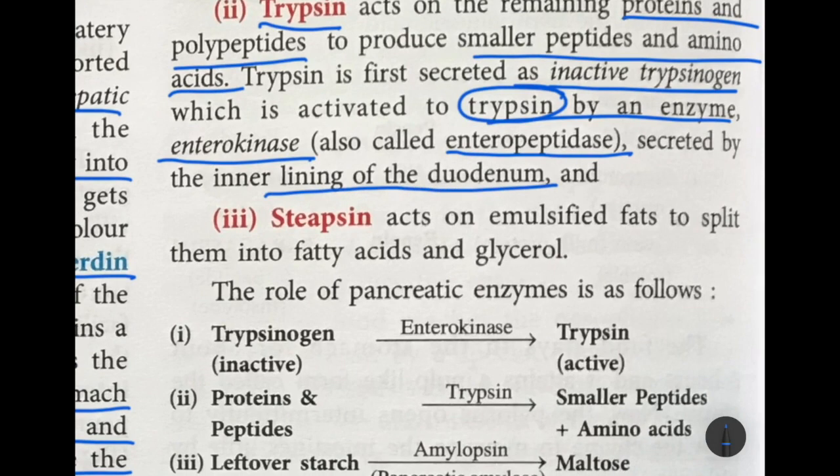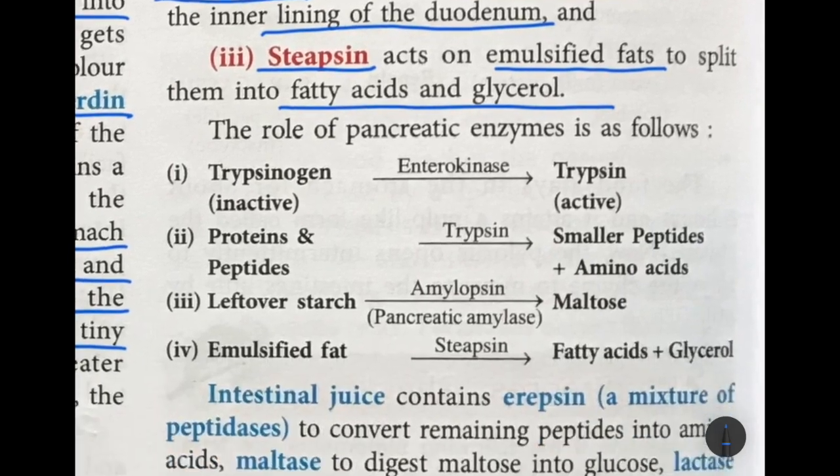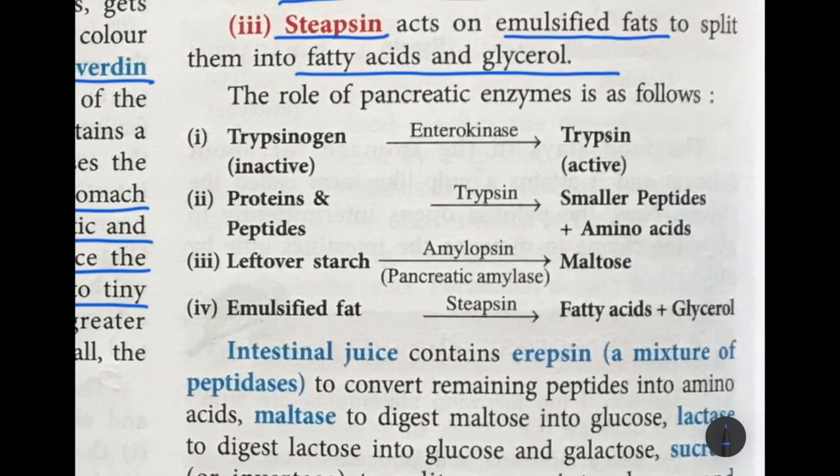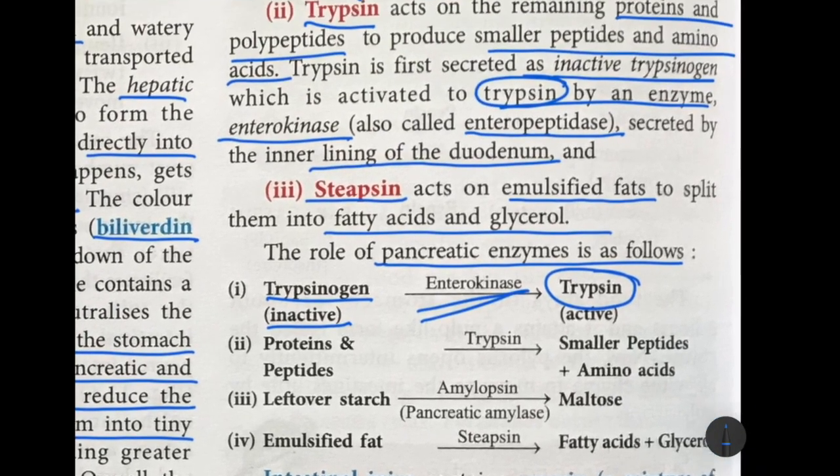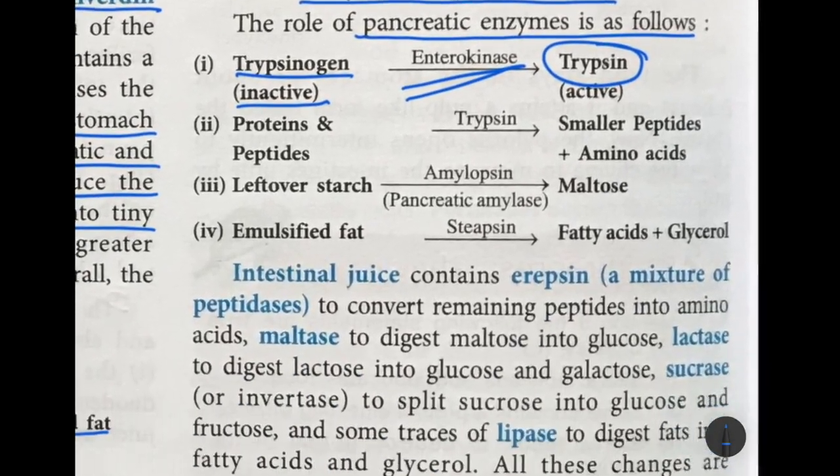The third enzyme is steapsin. It acts on emulsified fats to turn them into fatty acids and glycerol. That is the end product of fat. So the role of pancreatic enzymes in a nutshell is trypsinogen, which is inactive, is turned into active trypsin by enterokinase, the enzyme which is produced by the inner lining of the duodenum.